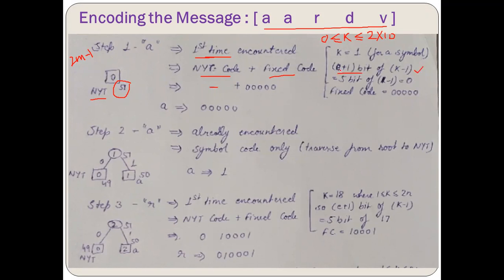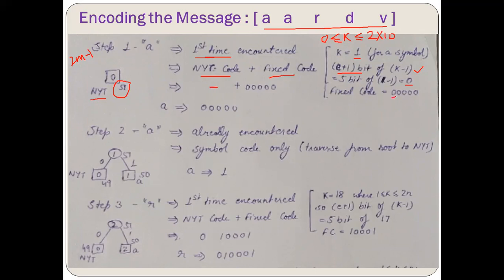So I'm going to calculate e plus 1 bit. e was 4, so 4 plus 1, 5 bits of K minus 1. K minus 1 means the value of K is 1, so 1 minus 1 is 0. So I have to represent 0 in 5 bits. I have to give the binary representation of 0 in 5 bits. So what will it be?